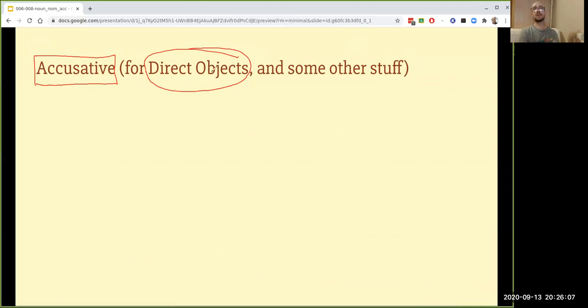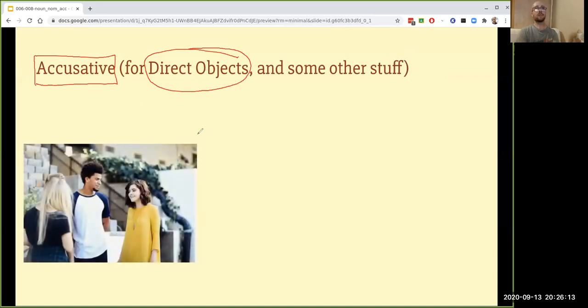And these are the things that are kind of directly operated on by verbs. So here we've got another group of people interacting. We can say he, it's this guy, there's our subject. Here's our predicate.